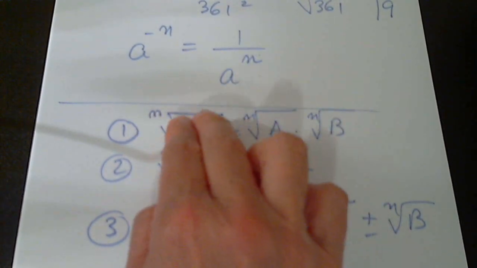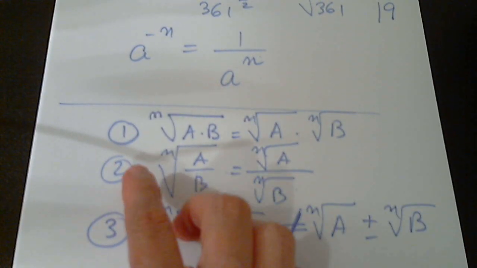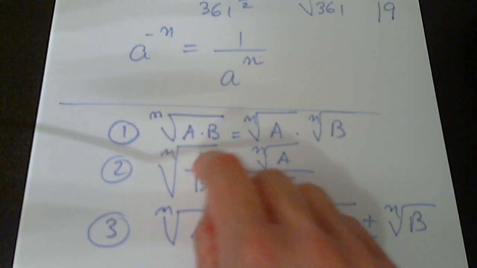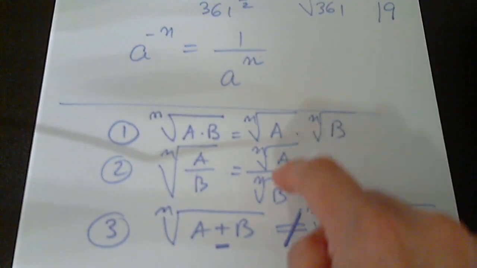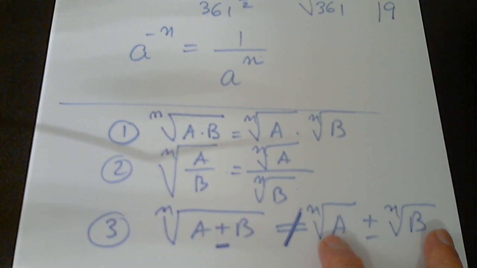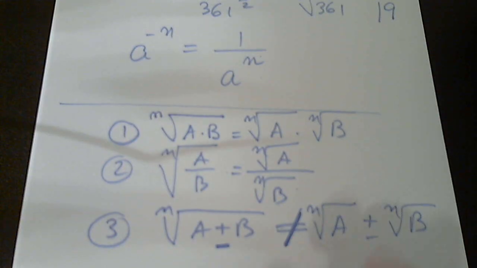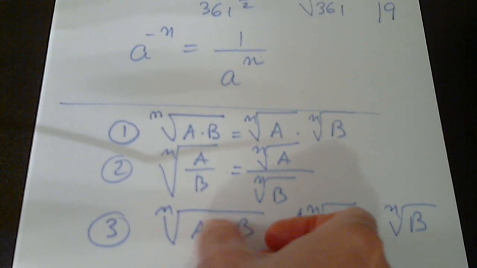So the radical of a product is the product of radicals. The radical of a ratio is the ratio of radicals. But the radical of a sum cannot be simplified. The radical of a difference cannot be simplified unless you combine these.